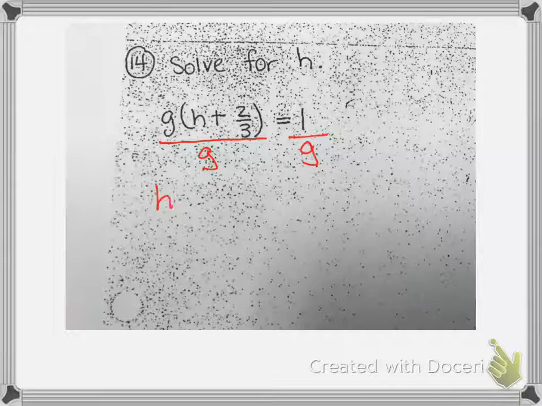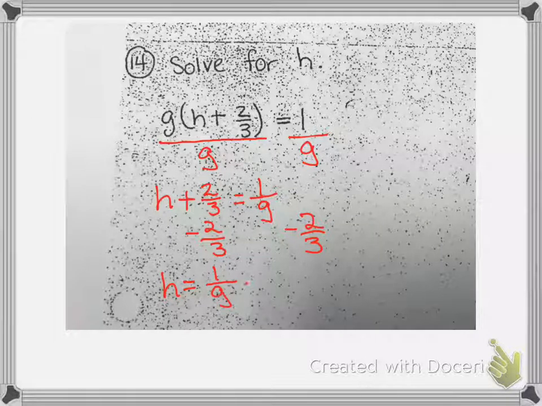Okay, we have H plus 2/3 is equal to 1 over G. We're going to subtract the 2/3. And H is equal to 1 over G minus 2/3.